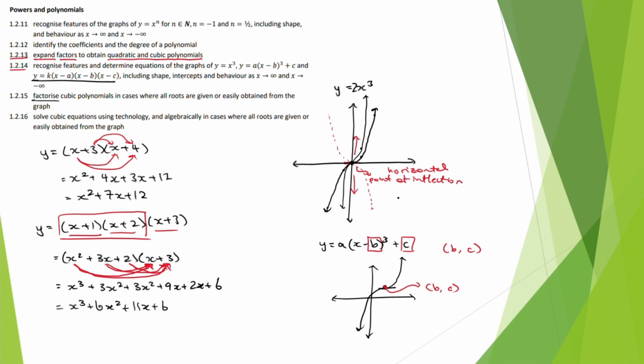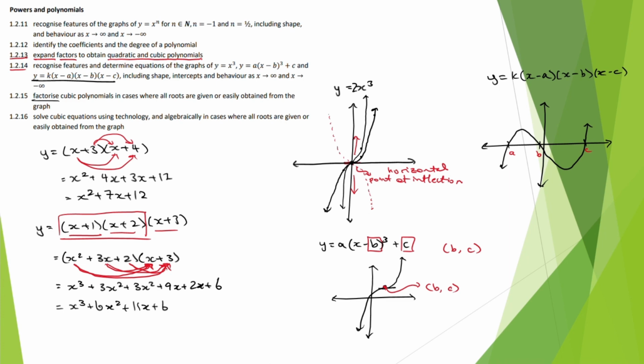Okay, and so we have y equals k(x - a)(x - b)(x - c). If we draw a Cartesian representation of that, it will look something like this, where these are our roots, similar to the root form of a quadratic.